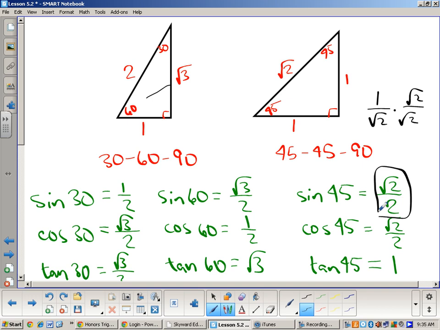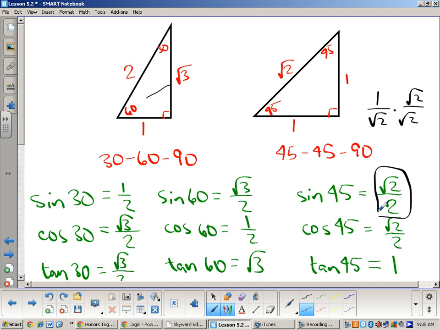Now, I'm going to show you a method to help you find each of these on the unit circle. We're going to do a lot of work where we're dealing with angles that are multiples of 30, 60, and 45s.